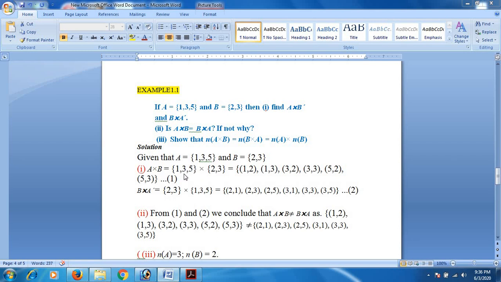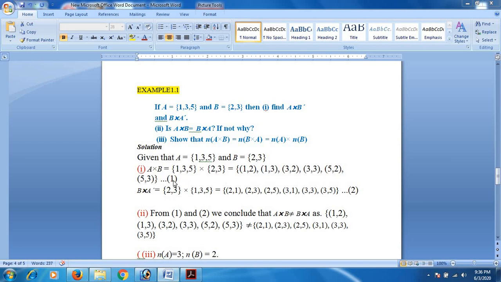So set of 1, 3, 5 cross set of 2, 3 equal to set of (1, 2), (1, 3), then (3, 2), (3, 3), (5, 2), (5, 3). The 1 is from A.